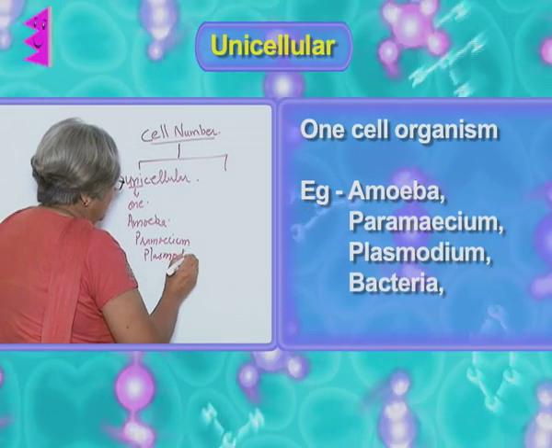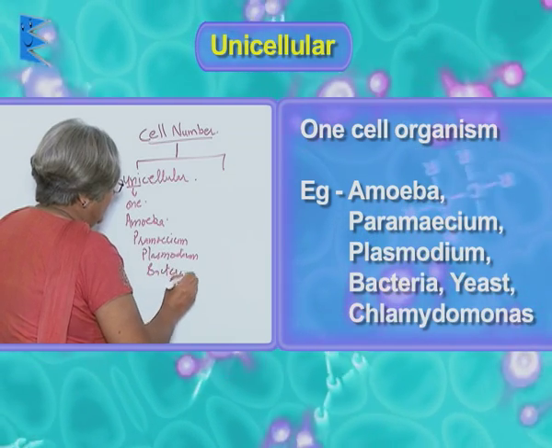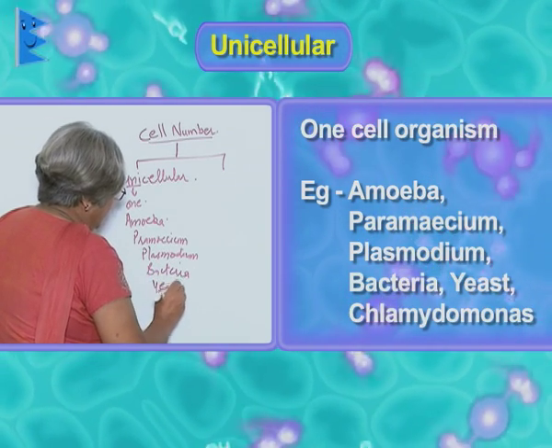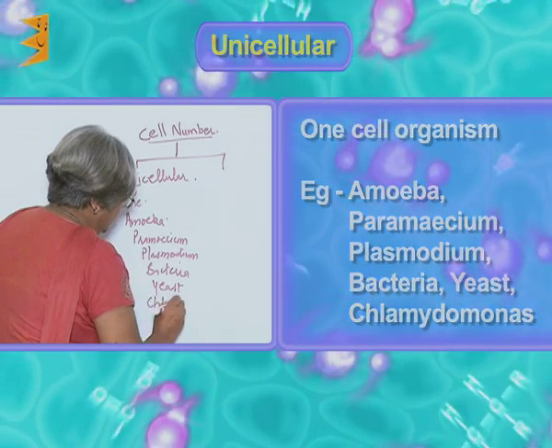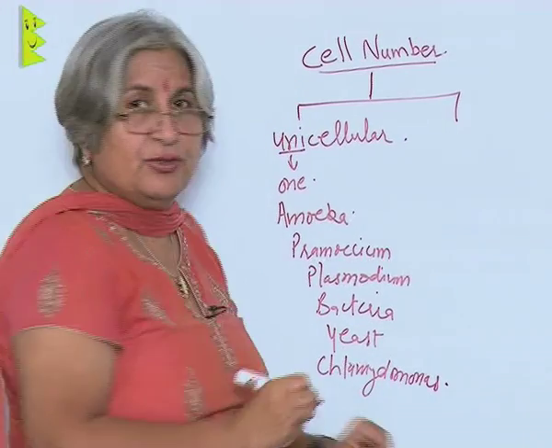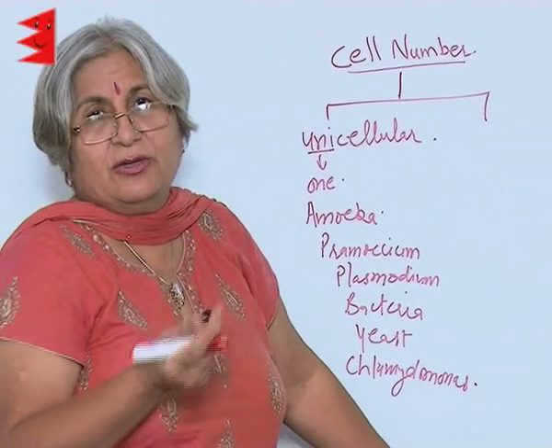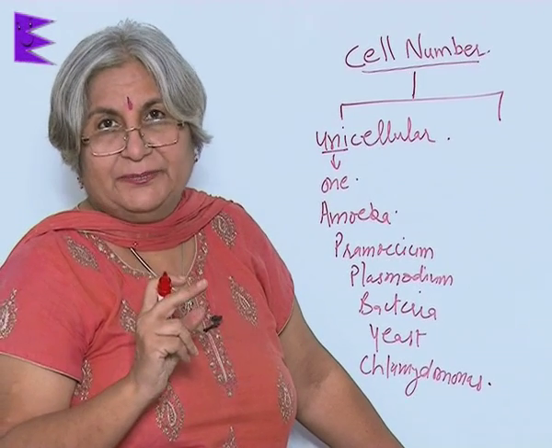Bacteria, yeast, Chlamydomonas, a kind of algae, they are all unicellular. In these organisms, there are no tissues or organs, because there is only one cell. So the organization is just one cell.